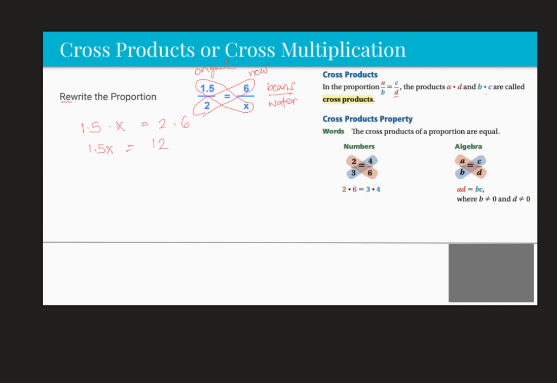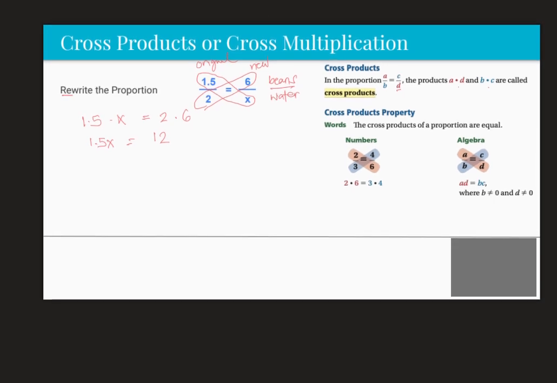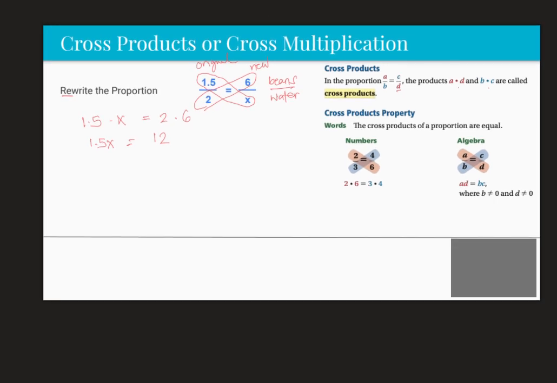Okay, and what we're going to do here, so we can solve for x, is we're going to divide both sides by 1.5. We do it on both sides because it's an equation.